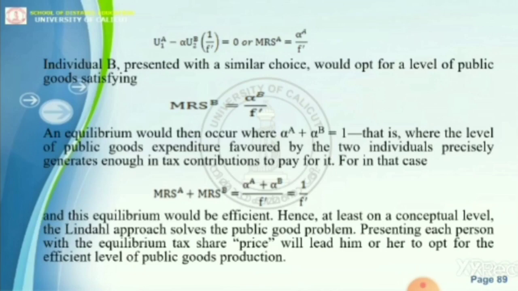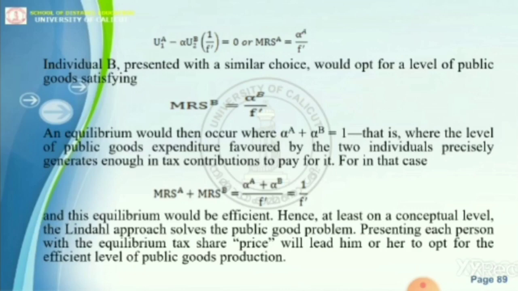That means in the upper part we have seen consumer A, and in the lower part we have seen consumer B. So an equilibrium would then occur where alpha A plus alpha B is equal to 1. That is where the level of public good expenditure favored by the two individuals precisely generates enough in tax contributions to pay for it.